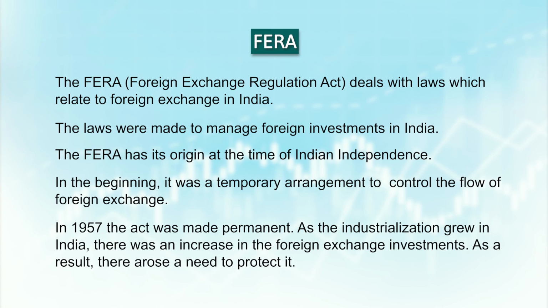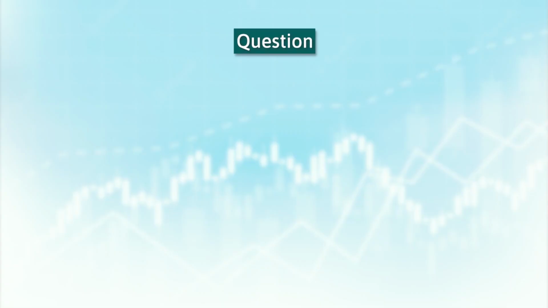Such a move was there to protect it. So the flow of foreign exchange in 1956 and industrialization both came up in India, and there was an increase in foreign exchange investments. This increase was basically manifold because it resulted in the growth of the country's benefits in terms of finance and other issues. So we take up the first question on this ground: discuss the backdrop of FERA.